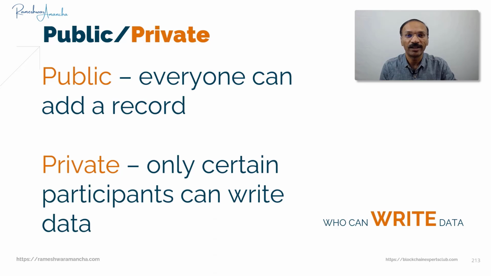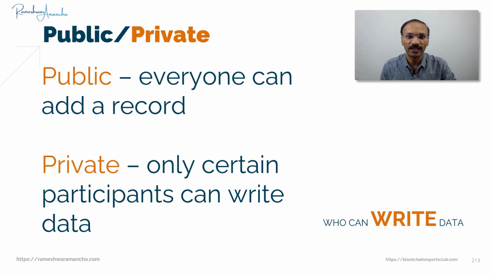Anybody can add a record in the public blockchain. In the case of private, only certain participants or certain types of participants can write the data. So this is a real differentiating factor for checking if you're working on a public or a private blockchain network.